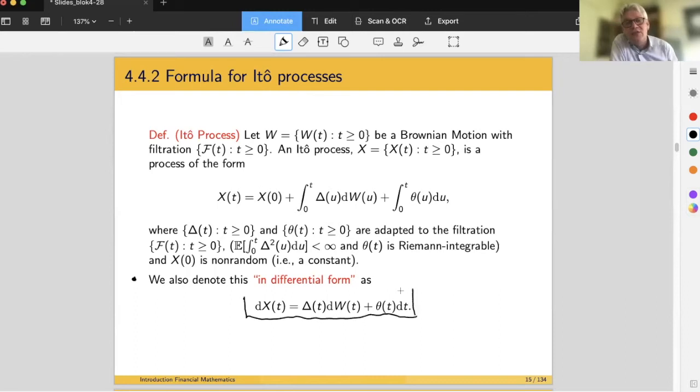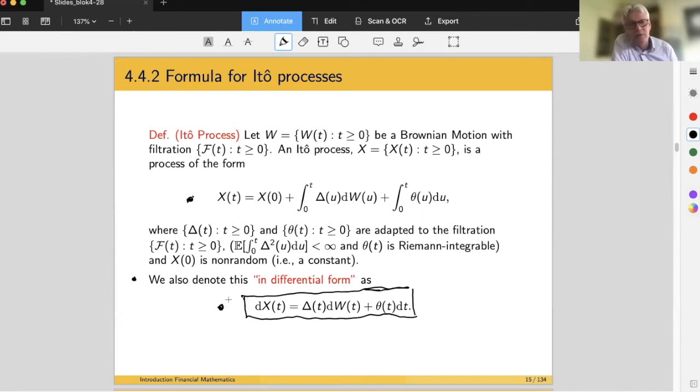And why is this form so convenient? Well, first of all, remember that this is just another way of writing this integral formulation, but all the calculation rules that apply to the differential form can also be verified for the integral form. And it's so easy to do computations in the differential form.